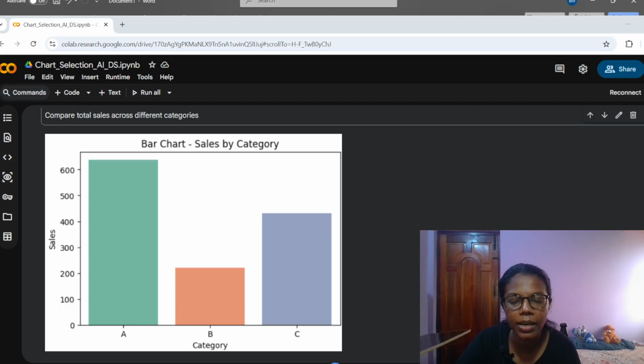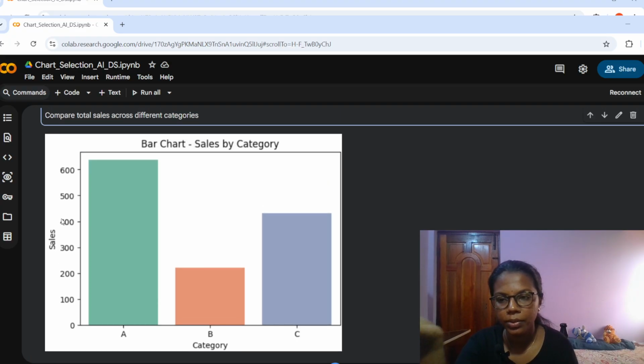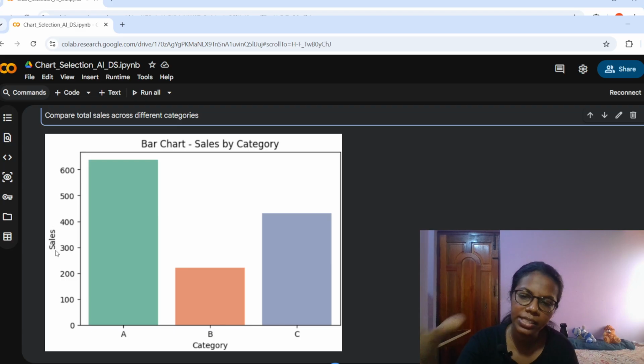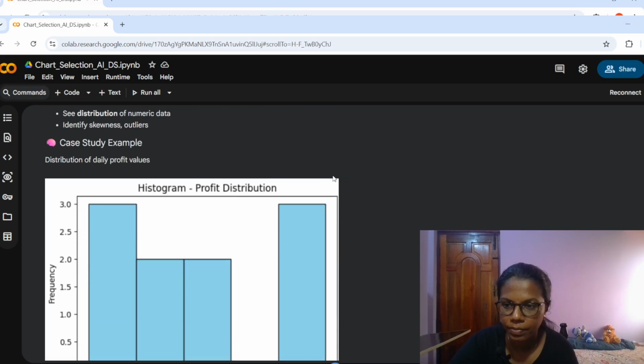It's obviously a bar chart. Look at this chart: I have 3 different categories of products, A, B, and C. It is used for comparing the sales of the 3 different products. So what is a bar chart? When I have categories and I want to figure out how my data changes as per the categories, I should use a bar chart.